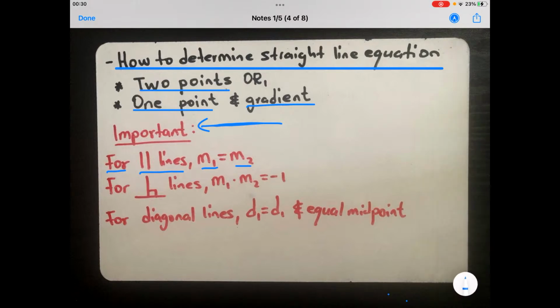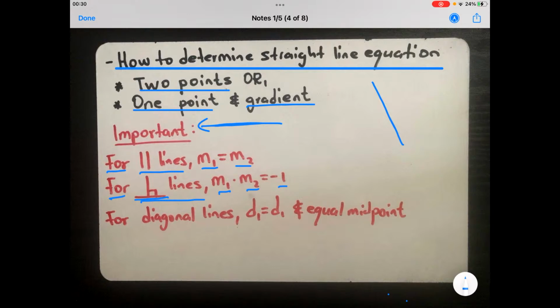Lastly, not lastly, but secondly, for perpendicular lines, when you multiply that gradient and that gradient, they will give you -1. So that means when you have a line, you could be having another line there.